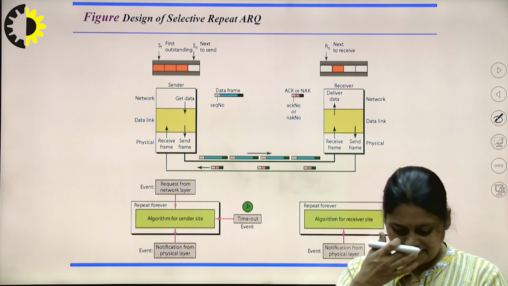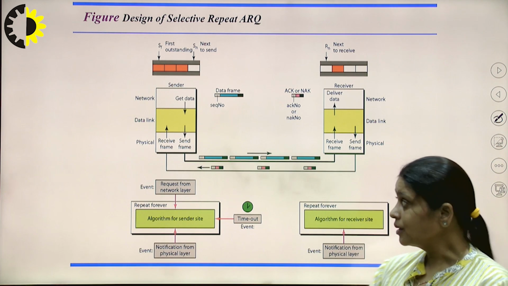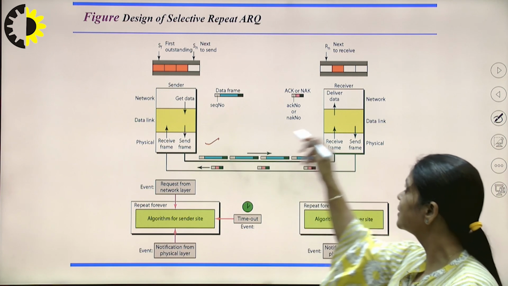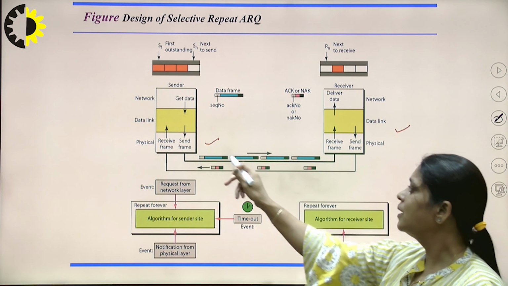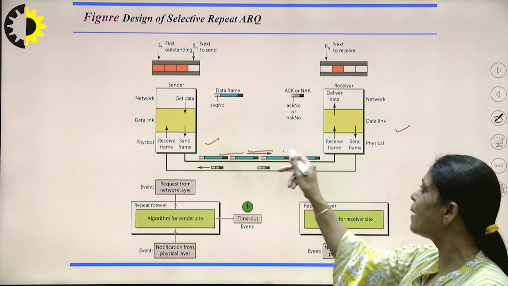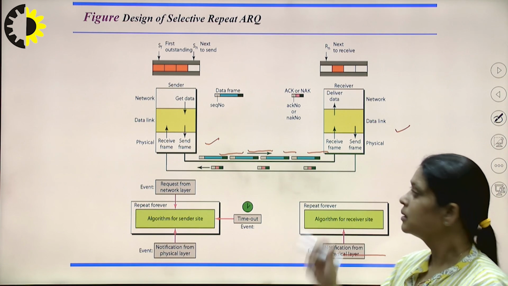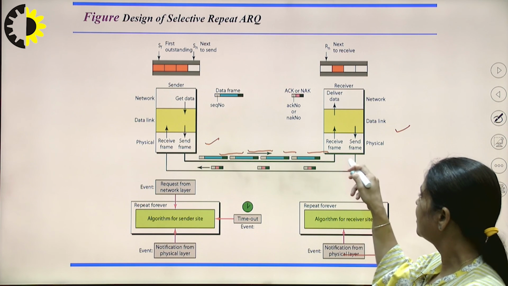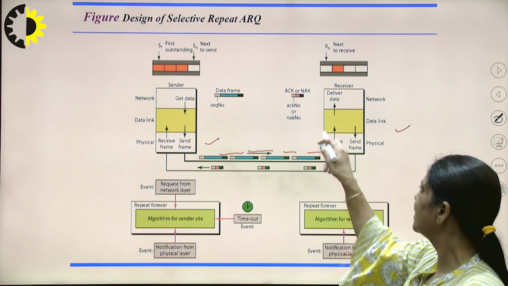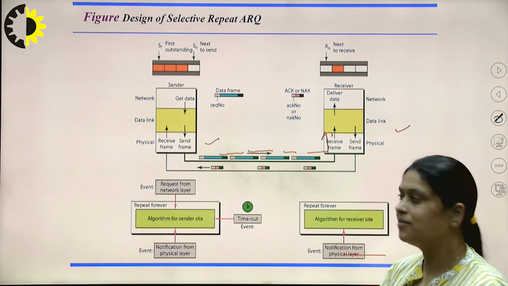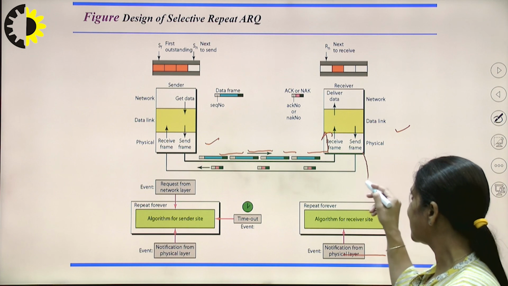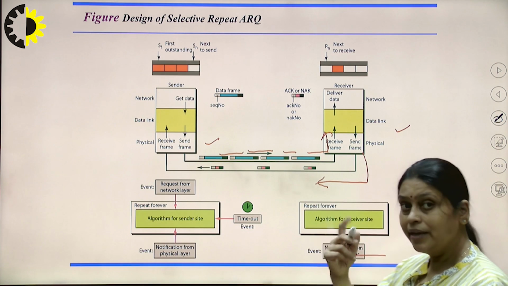In the selective repeat ARQ, this is our sender side and this is our receiver side. We send a total number of packets, and when these frames are received by the receiver, the receiver will send a frame back.